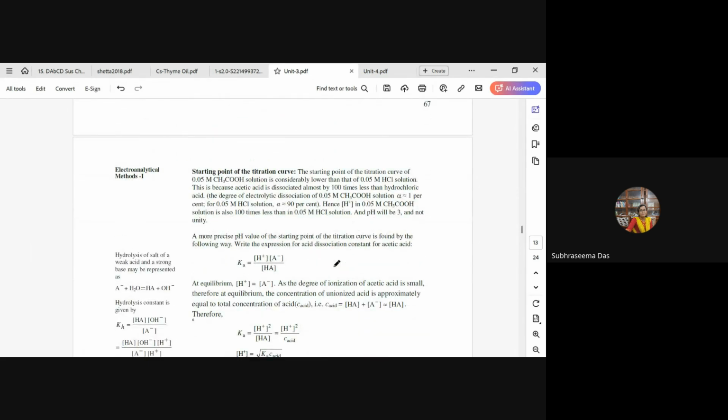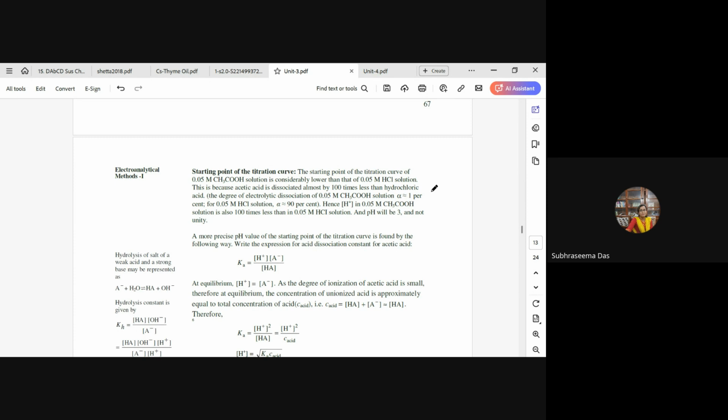During the starting point of the titration, we know that acetic acid is a very weak acid in comparison to HCl, because it dissociates very slowly; that is, the degree of dissociation of acetic acid is very small in comparison to HCl.